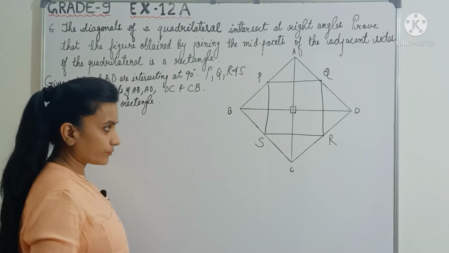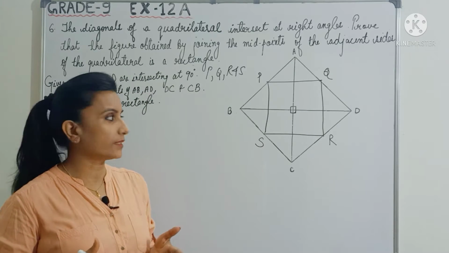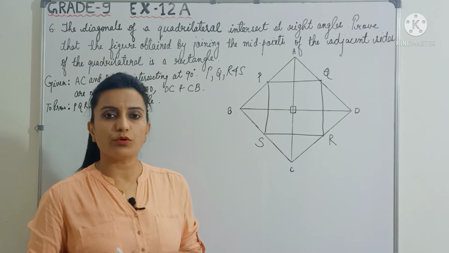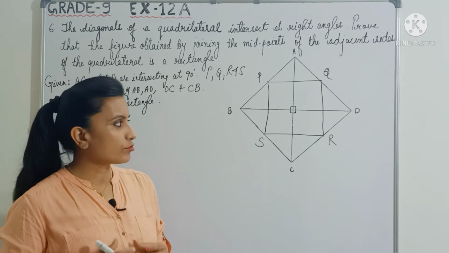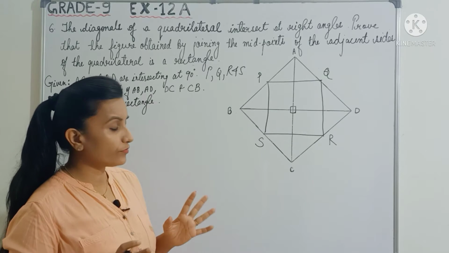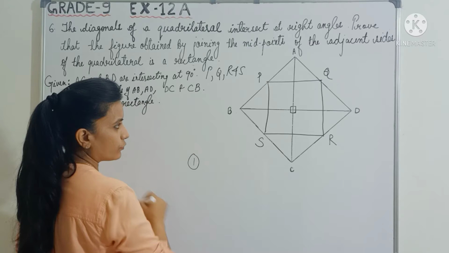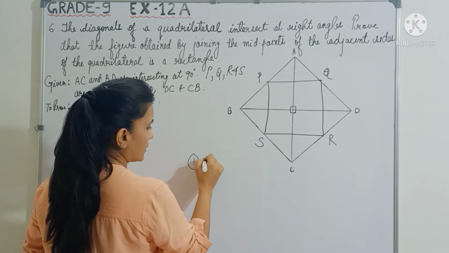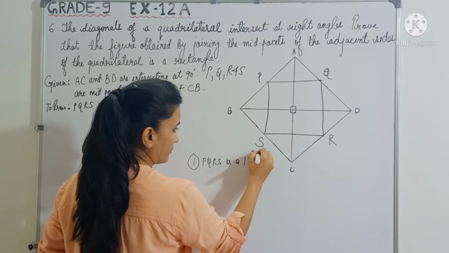Now you have to think about what the properties of a rectangle are. How do you prove that any quadrilateral is a rectangle? It's very simple. To prove that any quadrilateral is a rectangle, the first thing you have to show is that PQRS is a parallelogram.